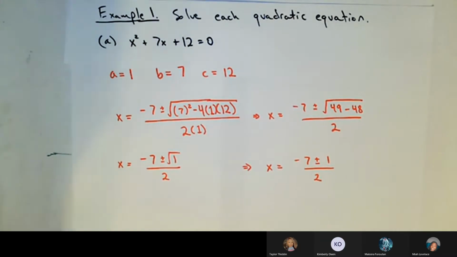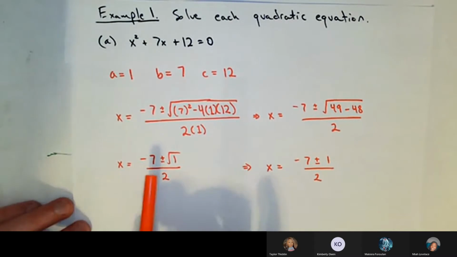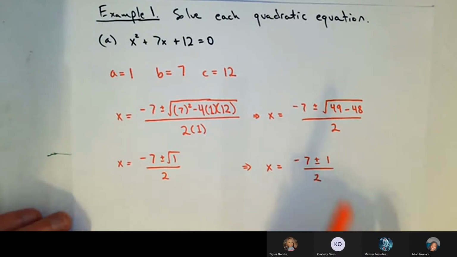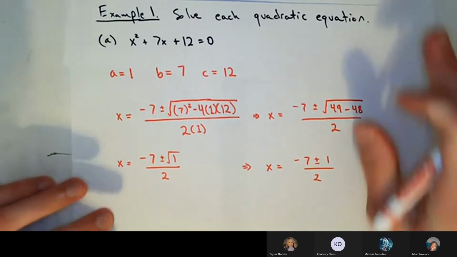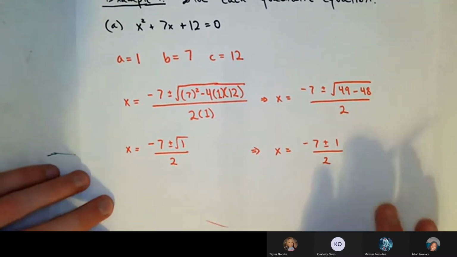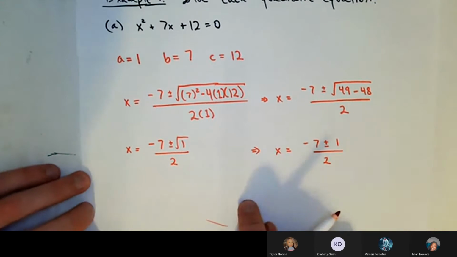In certain cases, anyways, we're going to work something like that. But in the case where the root completely goes away, you should keep going as far as you can to get the two solutions for x.